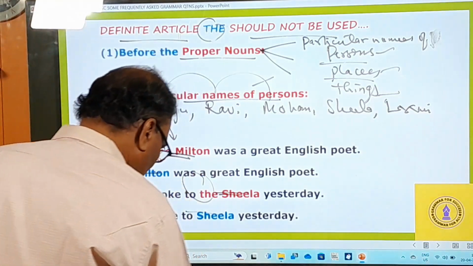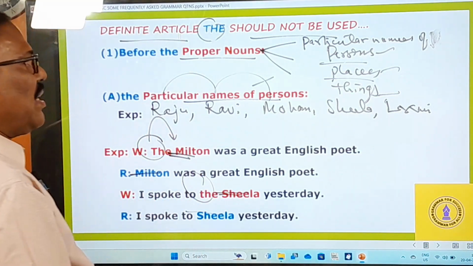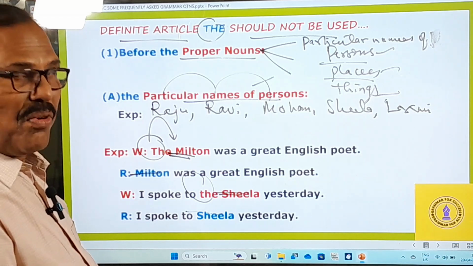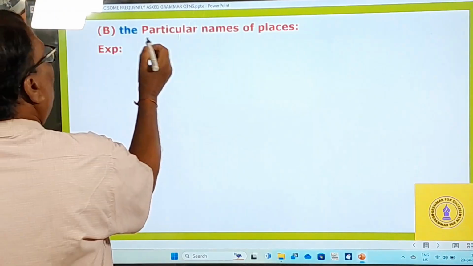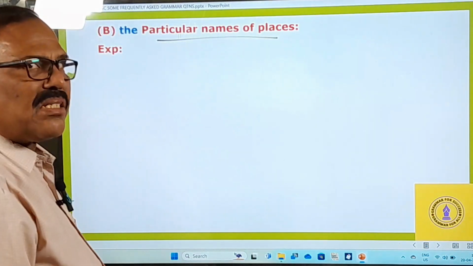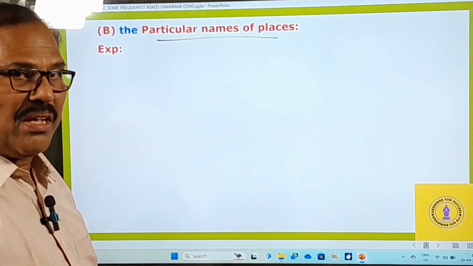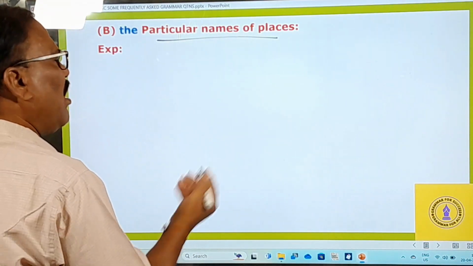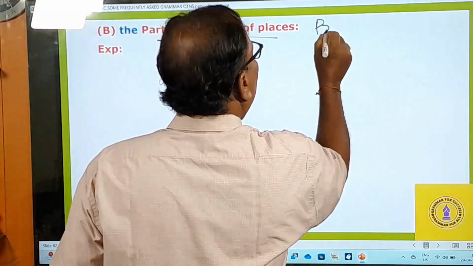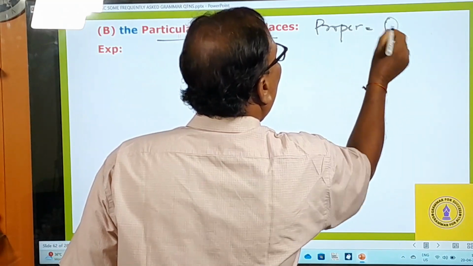Now let's learn the next point: particular names of places also. Before them also we should not use any article. Places also have their own names, and that's why they are called proper names or proper nouns. Already I have told you that proper here means own.